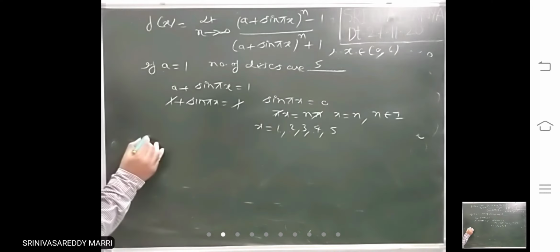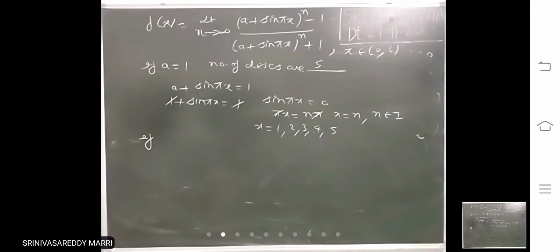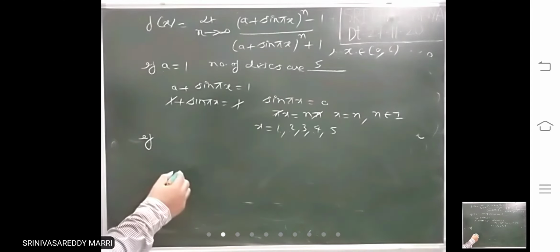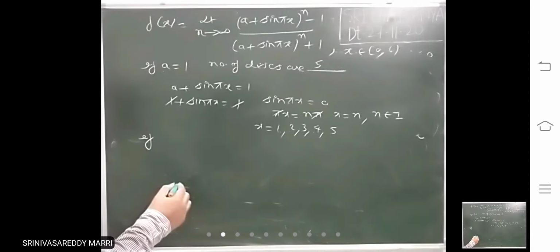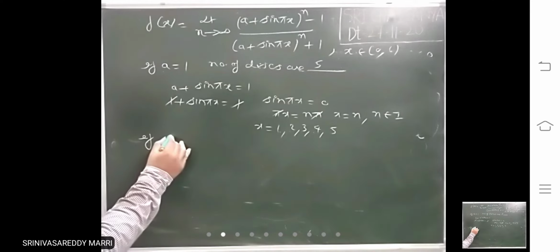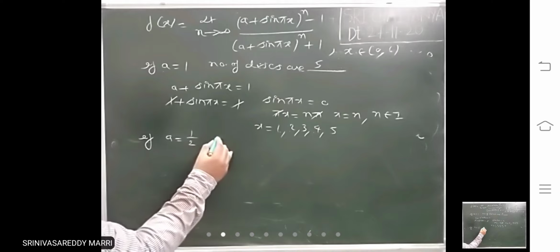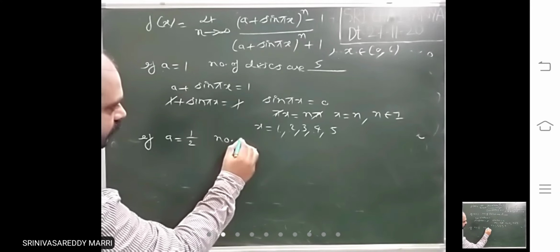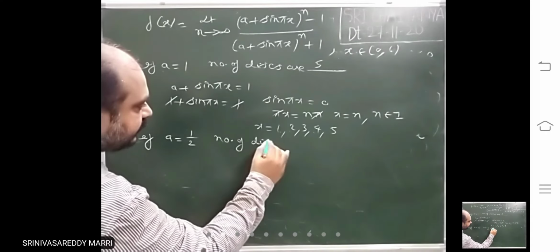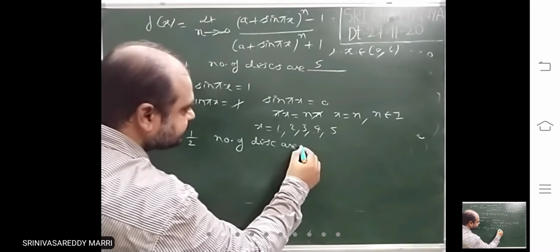So next, suppose another question is asking, if a equals to 1 by 2, number of discontinuities are dash.